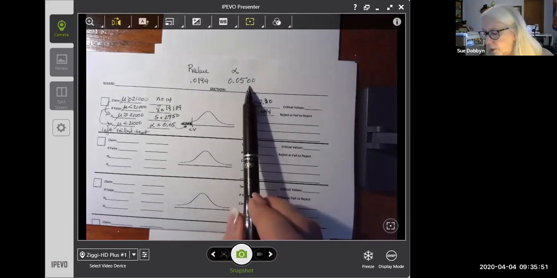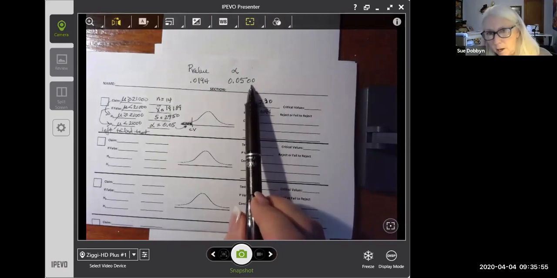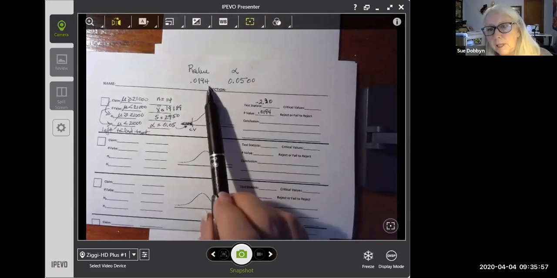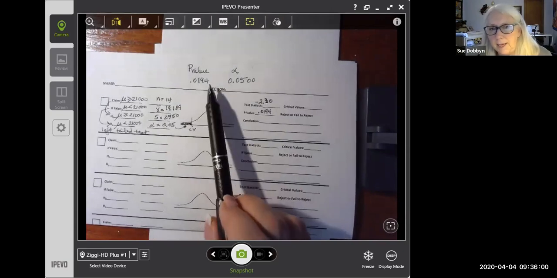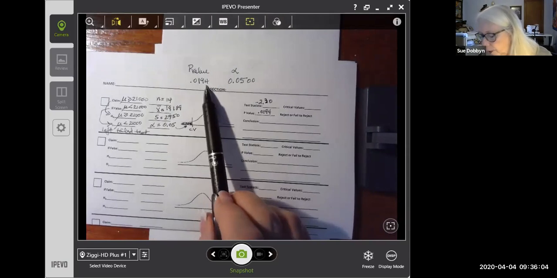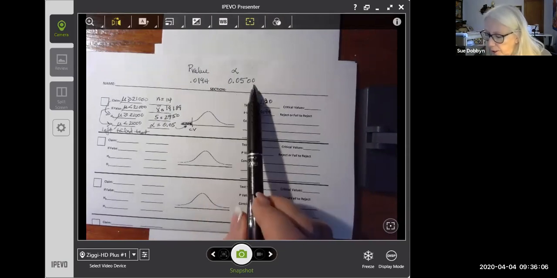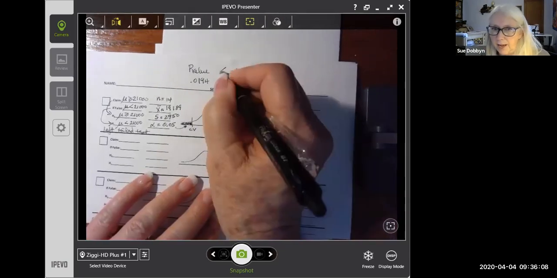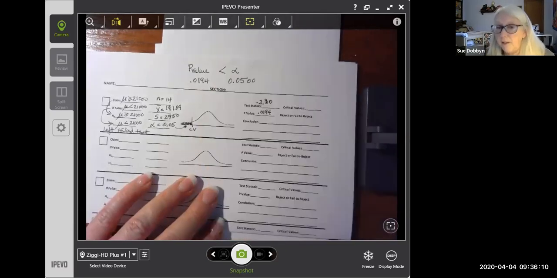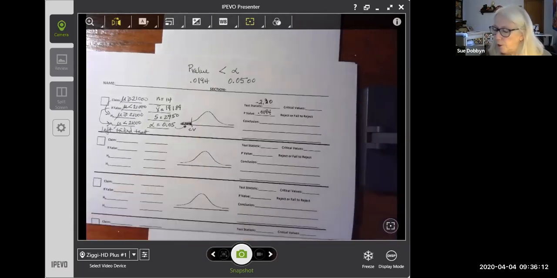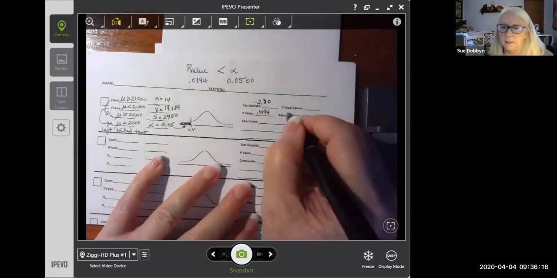So if they're the same length and now they're both 4 decimals long, then you can simply ignore the decimal place and just read 194 over here and 500 over here. This p-value is less than the alpha value. And when the p-value is less than the alpha value, your decision is to reject the null hypothesis.